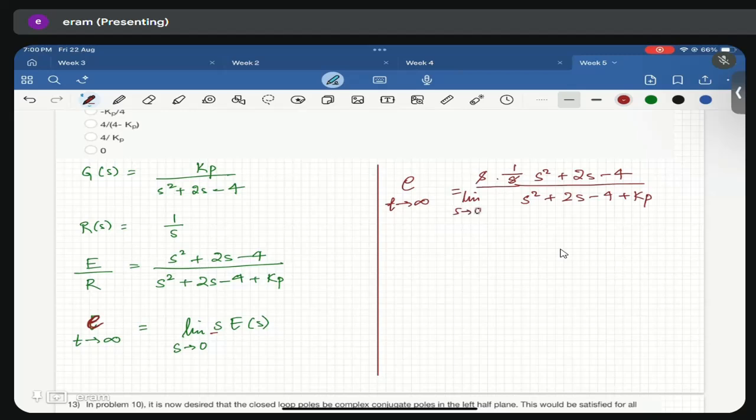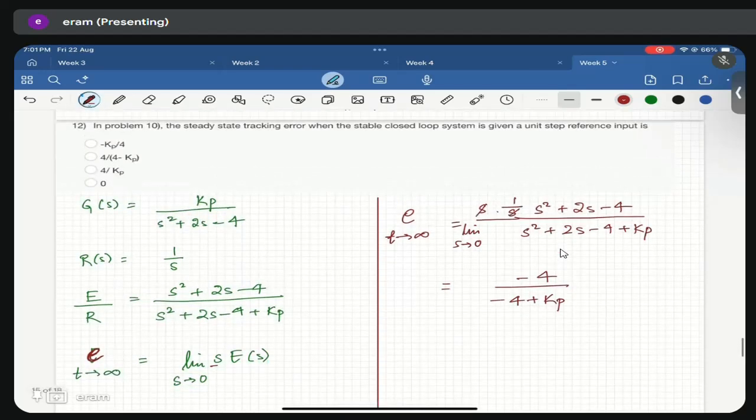Put s tends to 0, what will we get? Minus 4 divided by minus 4 plus Kp.